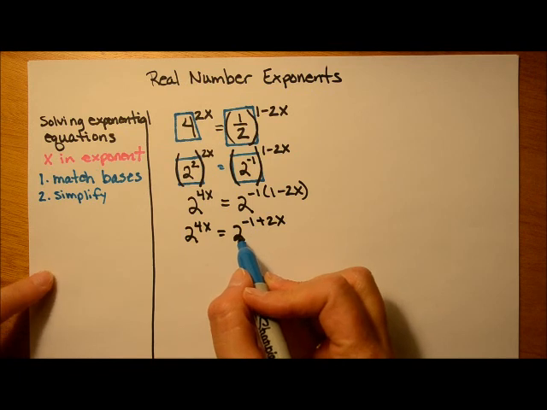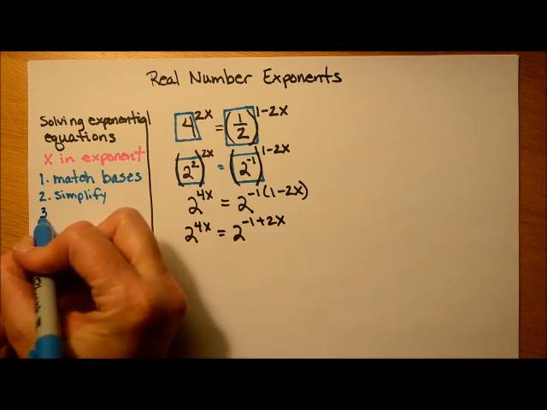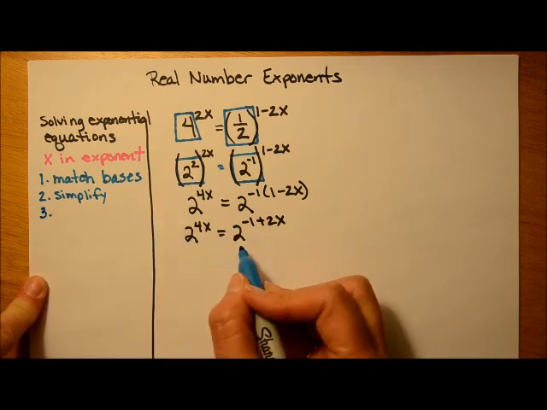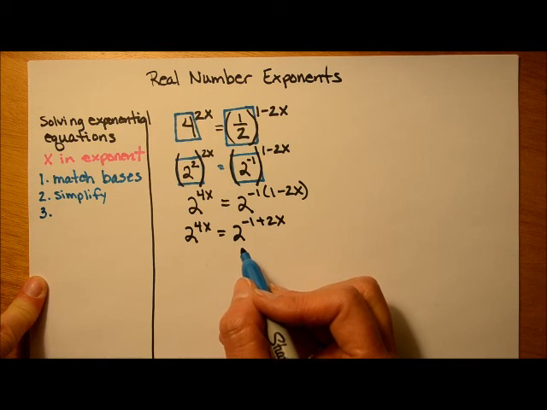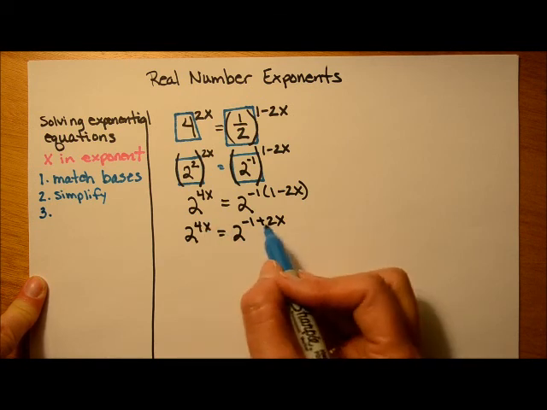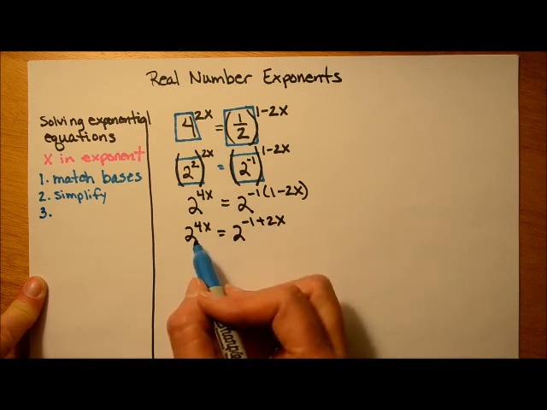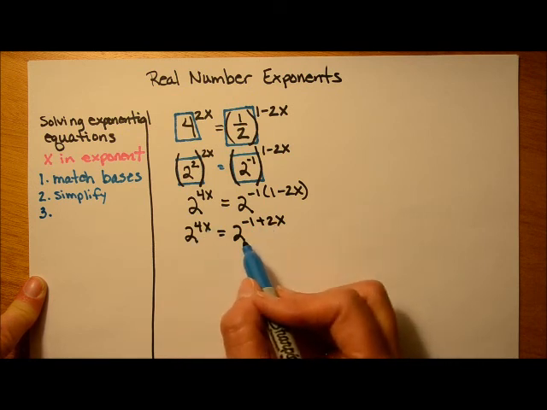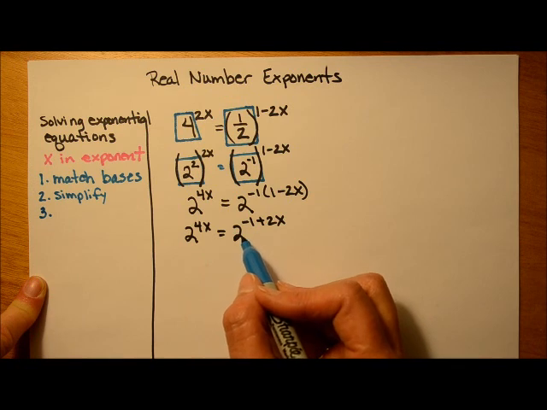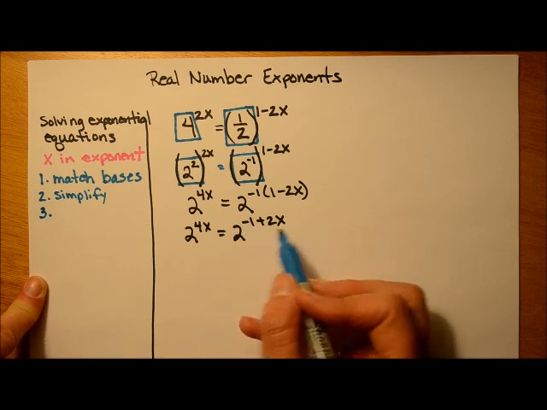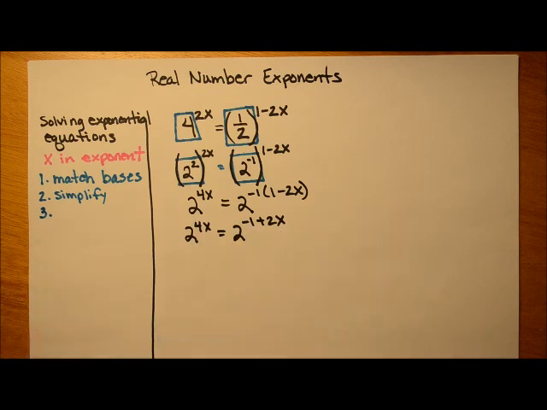Now their bases match. The 2 and the 2 match. Once the bases match, then you can write a new equation. And the new equation is just using the exponents, because 2 to the 4x has to equal 2 to the negative 1 plus 2x. So don't these two then, let me draw a little circle around, don't these two then by default have to be equal?